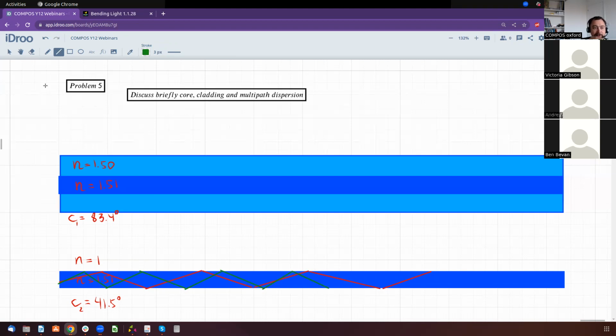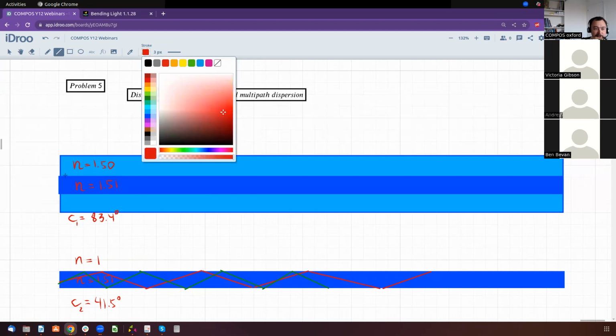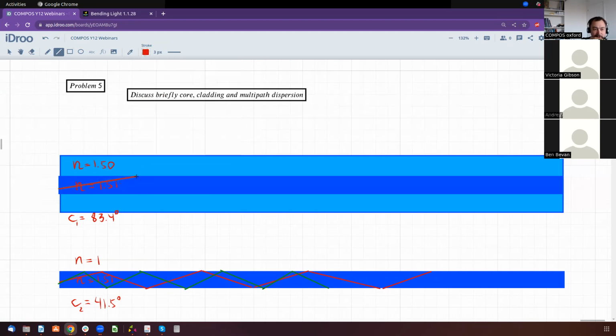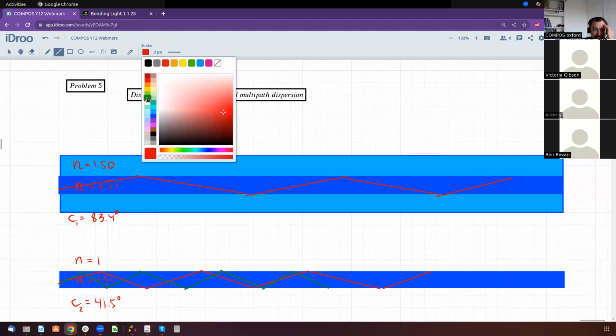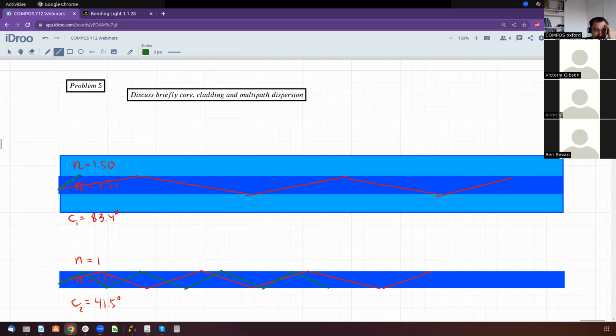But whereas here, the red beam would go through because it's more than 83. Not the red light, it's not necessarily red, it's just the red beam. But the green one would escape, the green one would certainly not be less than 83. It would escape through the cladding, and it would not get through.